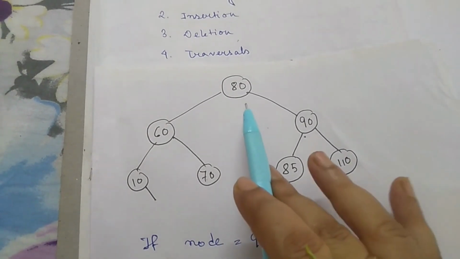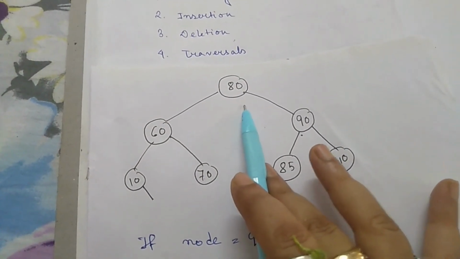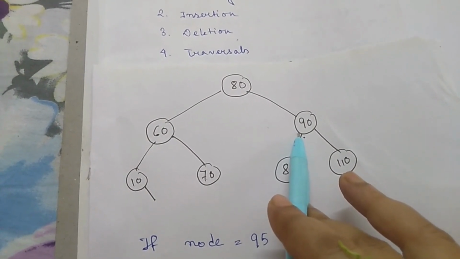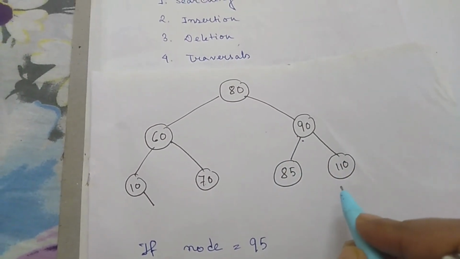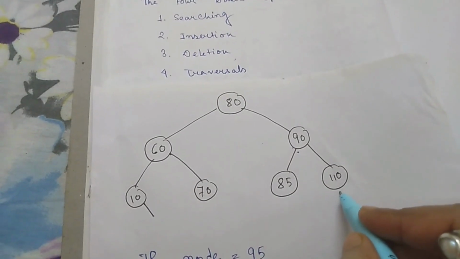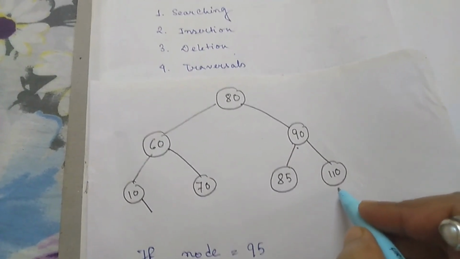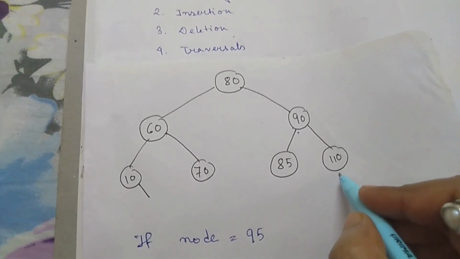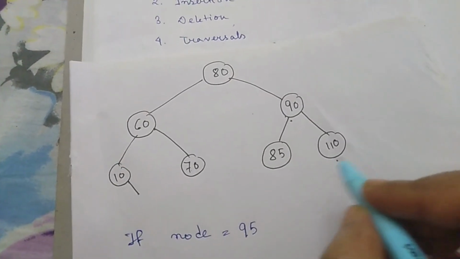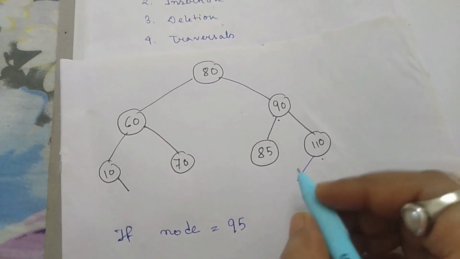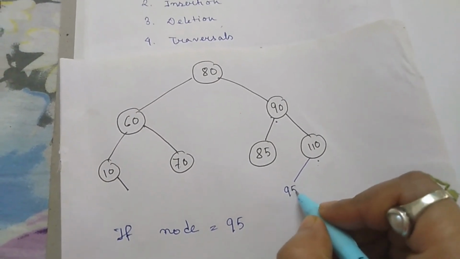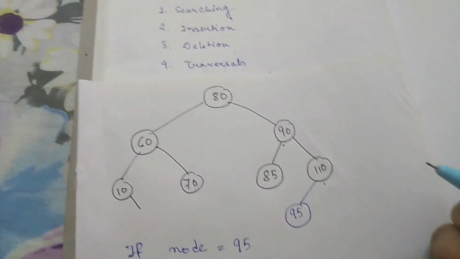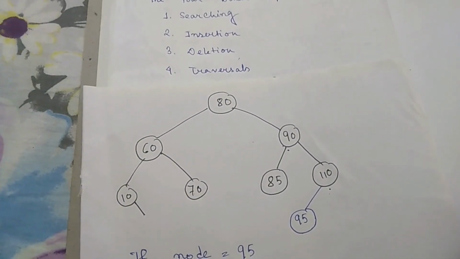The value 95 is greater than 80 as well as greater than 90, but the right side node value here is 110, and 95 is less than 110, that's why its position is on the left-hand side of 110. So in that way we perform the insertion operation.